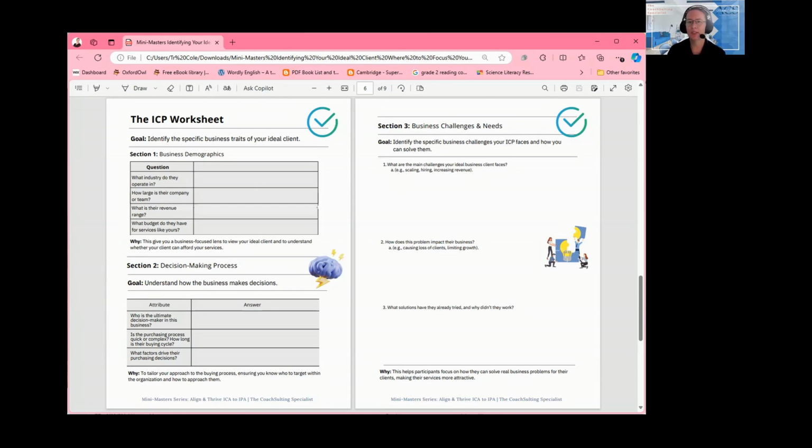Okay, so this is a big deal, really, because a lot of people think that all we need is the ideal client avatar, and that's a wonderful starting point because that's who your messages go to. You want to evoke the emotion and the connection in the person by providing messaging to that person that's relevant to that person, okay?